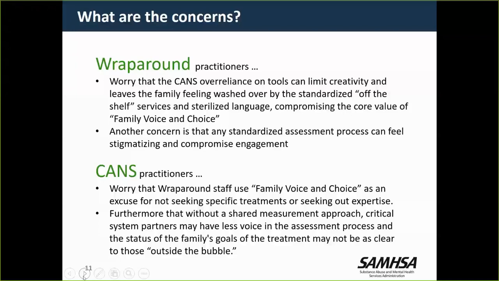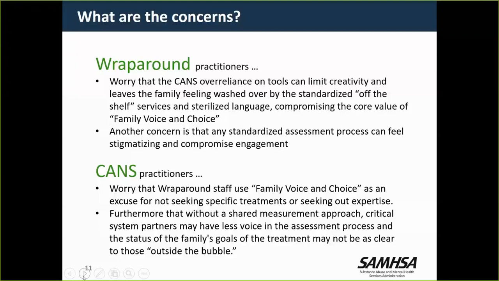So we've always honored the idea of having some elements of a common language as a part of the CANS, because that's how you empower people, with the language of power. Although we fully respect the family voice and the family's ways of understanding their lives, we also think teaching them common language is a useful part of developing an advocacy strategy.